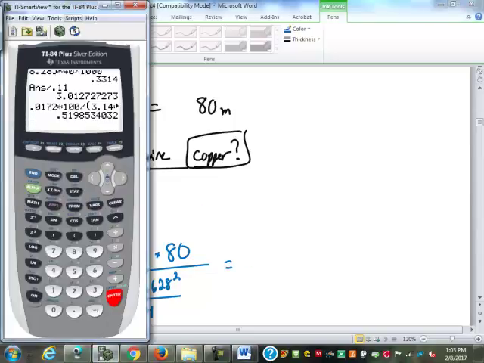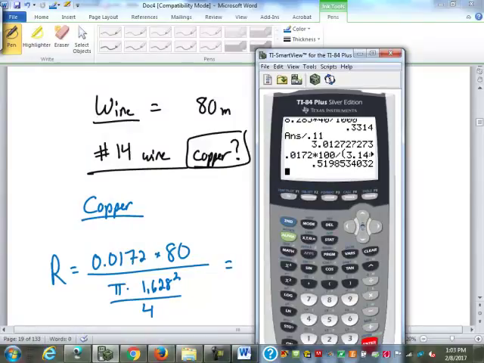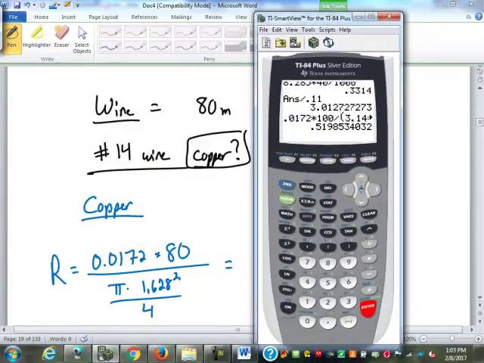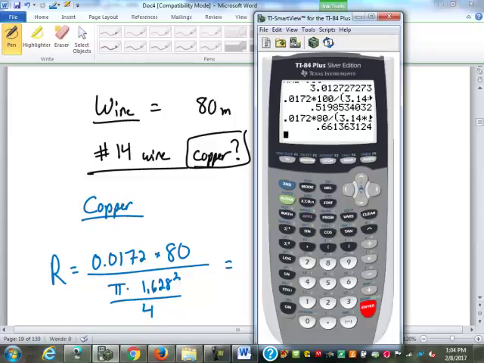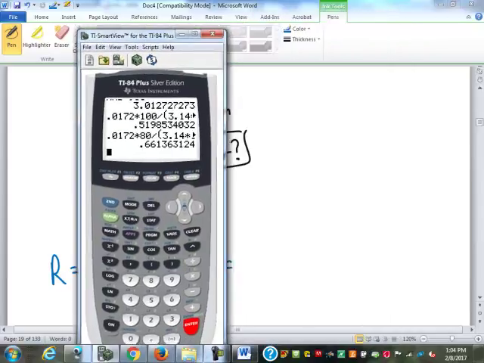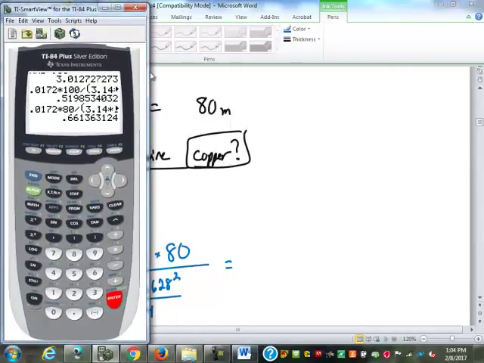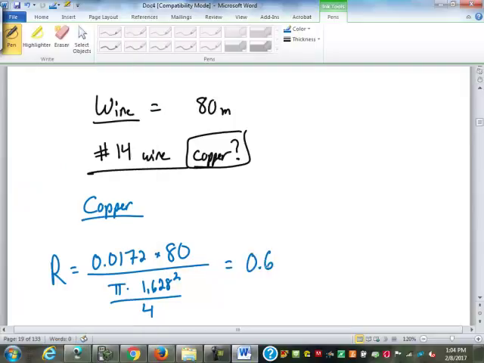So 0.0172 times 80, divided by, in parentheses, 3.14 times 1.628 squared divided by 4, close the parentheses. I would expect that to have a resistance of 0.6614 ohms, approximately.